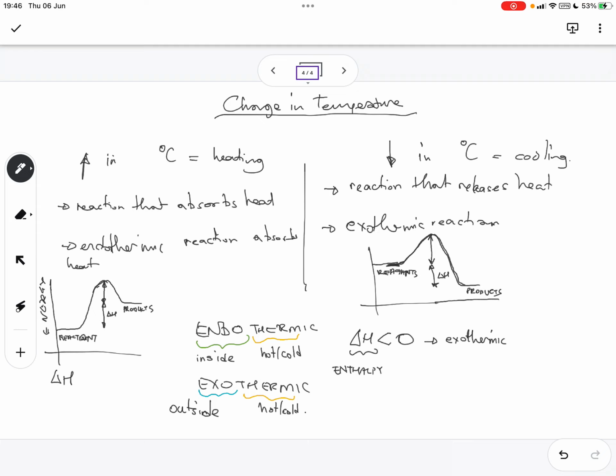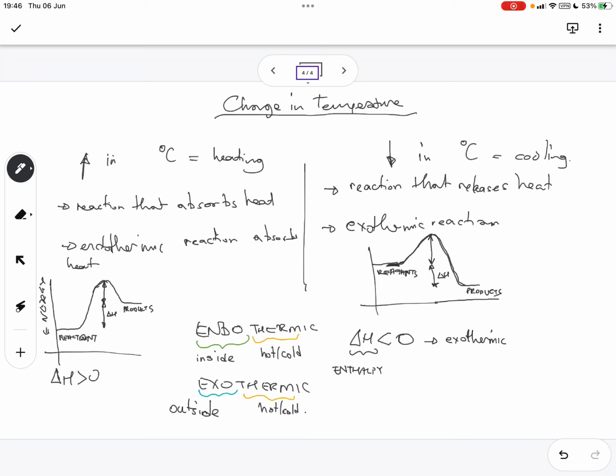That tells us that the enthalpy decreases. So here this would be exothermic, and here the enthalpy increases. With an exothermic reaction, the enthalpy change is less than 0, or negative, and that simply means the reaction is exothermic.